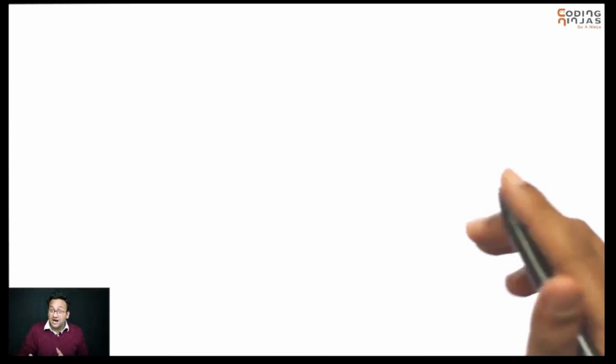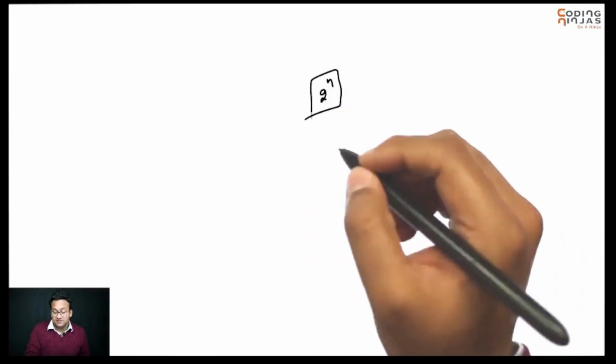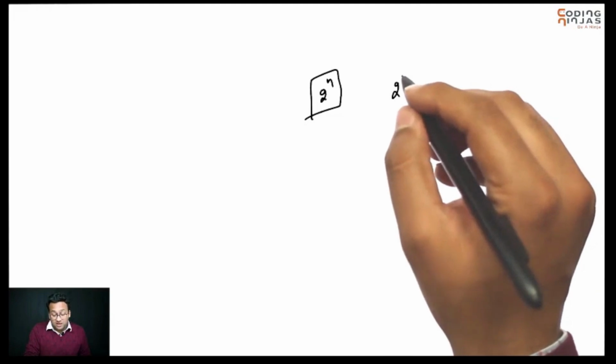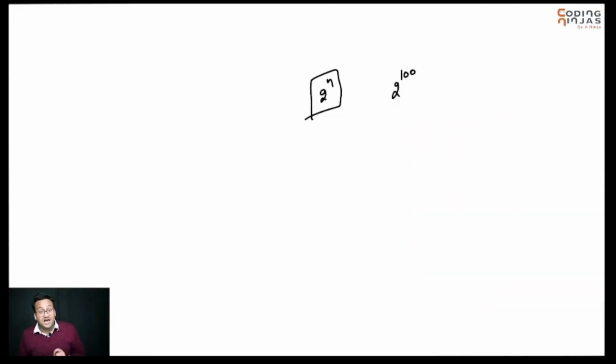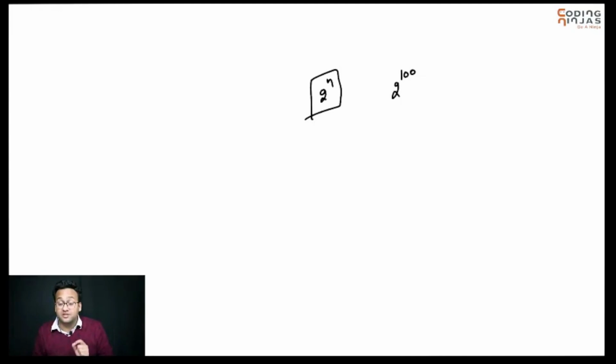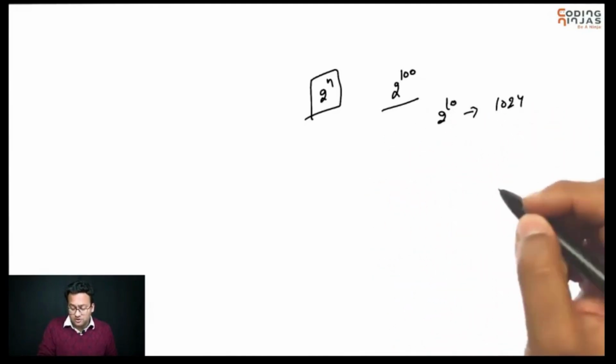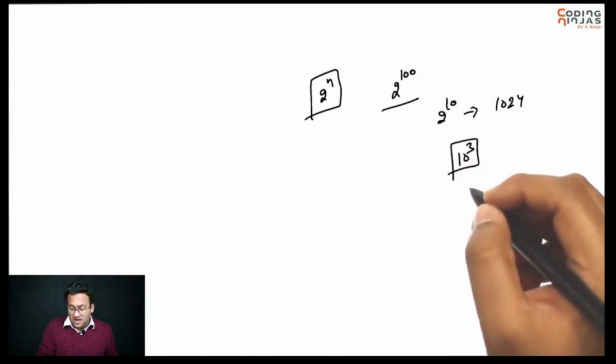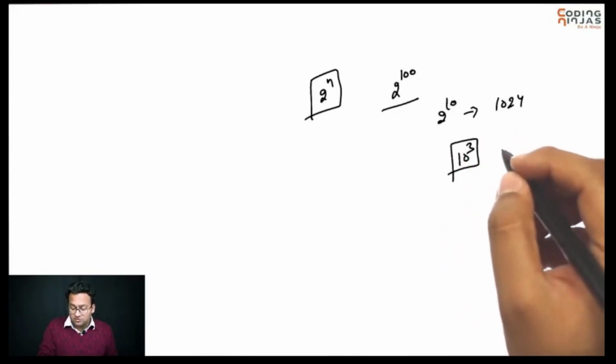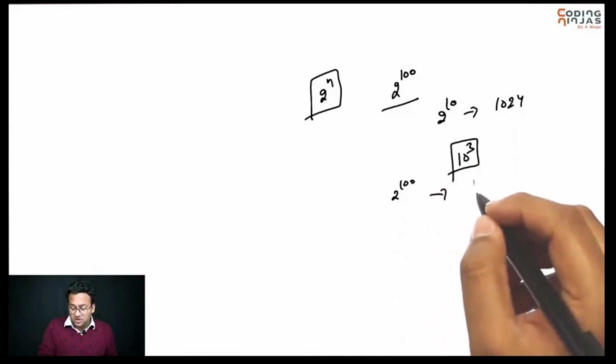Just to make you realize how bad 2 to the power n is, 2 to the power 100 is a huge number, and finding the 100th Fibonacci number is not going to be possible from our code, right? 2 to the power 10 is 1024, so this is roughly 10 to the power 3, and so 2 to the power 100 will basically be 10 to the power 30.